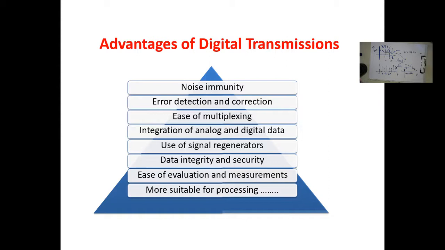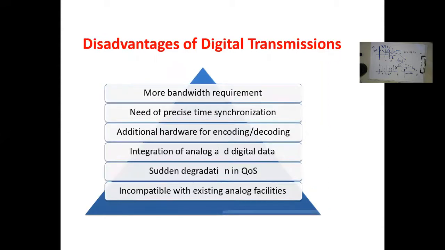This is the top of the pyramid in the pros of digital modulation over analog modulation. Of course, there is another list of advantages, but I will only focus on that, and maybe we will come to the others in this and the upcoming lectures. The main disadvantage is the bandwidth.